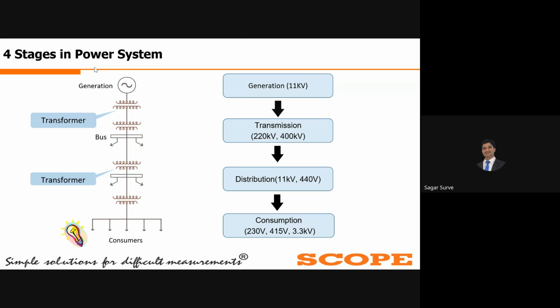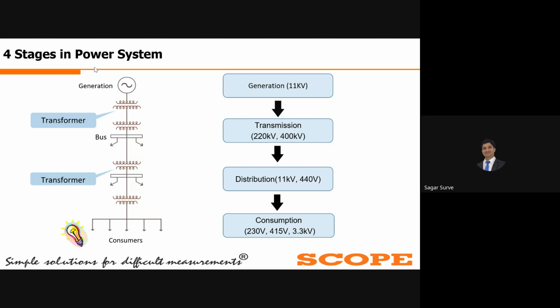They use the power at 230 volt, 415 volt, or somewhat higher levels like 3.3 kV for industrial purposes. But transmission is in between the generation and the distribution, because most of the power stations are at remote locations, and it is not easy to transmit the power generated at a remote location.